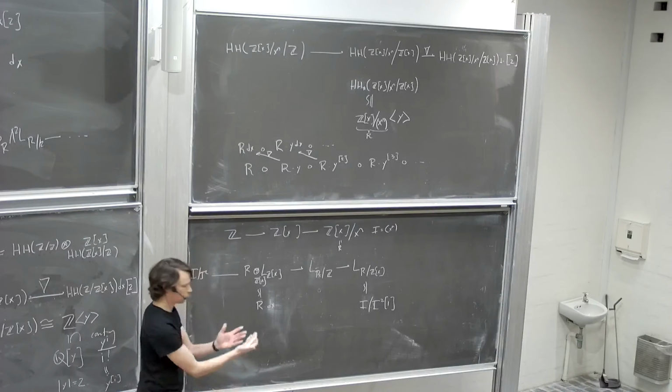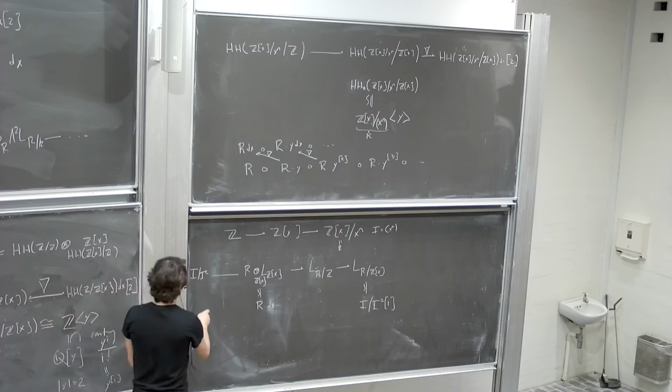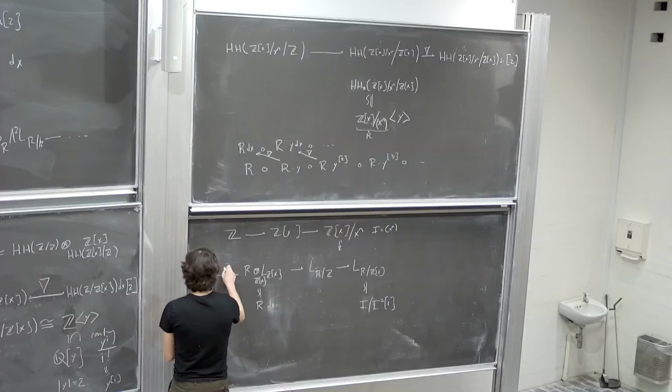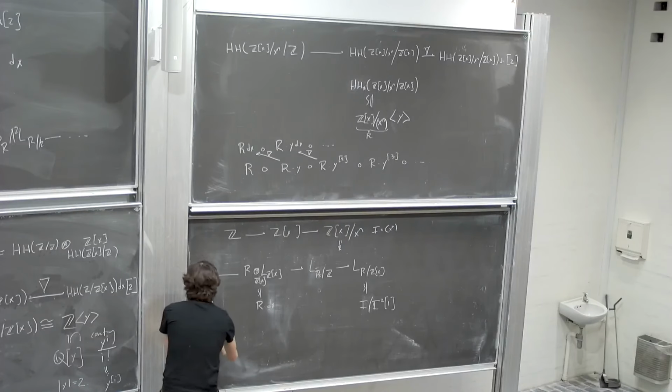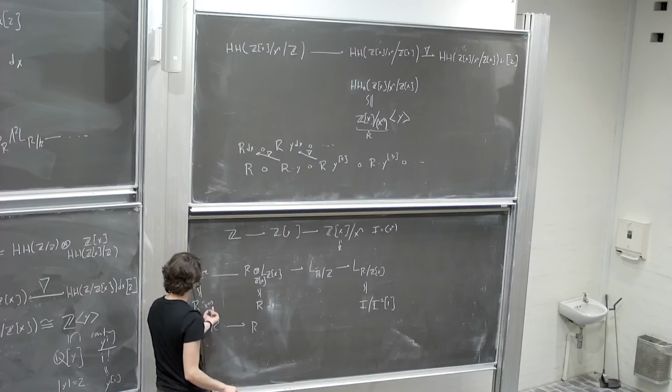But of course, this is a quotient by a regular element. So this is also a free module of rank 1 over R on a sort of formal class that looks like x to the n. And one checks that this map is the R module map, which just takes the derivative of x to the n here.